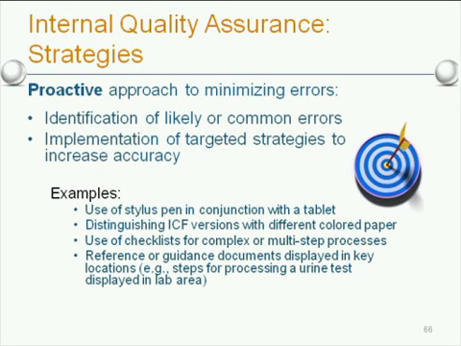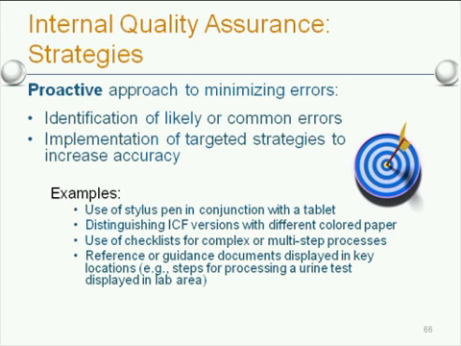There are many different things, just to provide some examples. Distinguishing ICF versions can sometimes create some confusion. We have revisions in our IRB approved consent forms, and I've seen some sites use different color papers to identify different versions to make sure that when they're shifting from one version to the other, there's no confusion with using older forms.